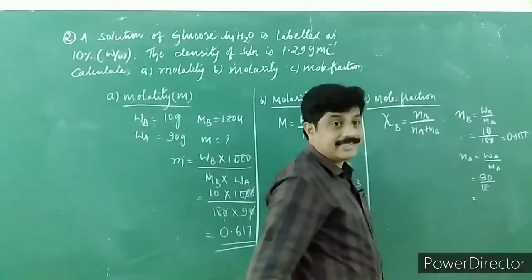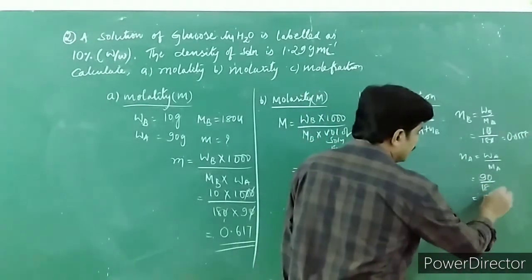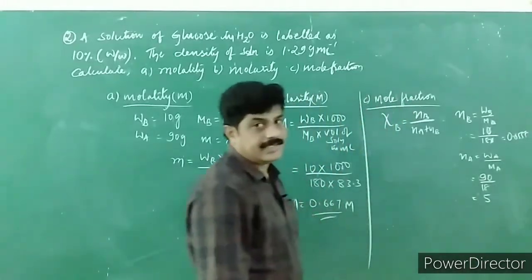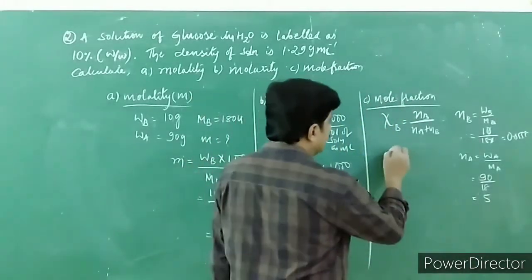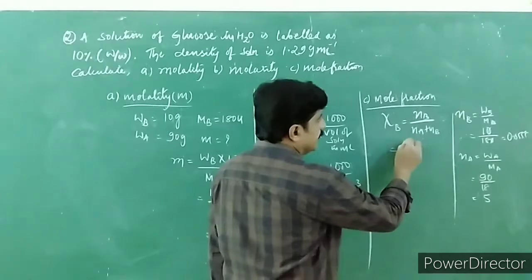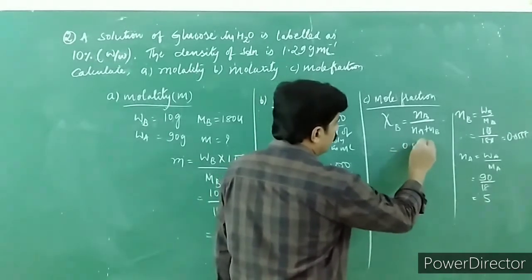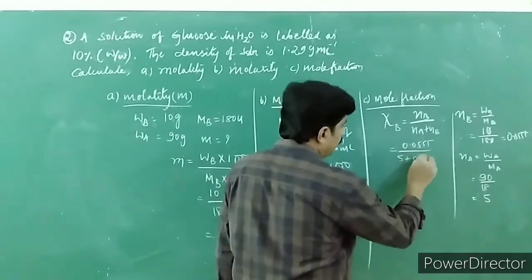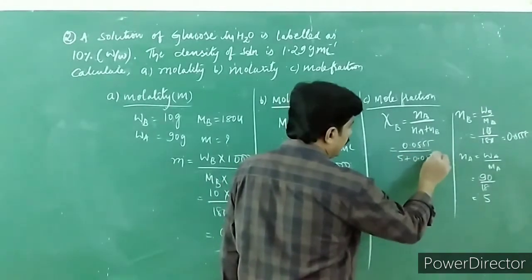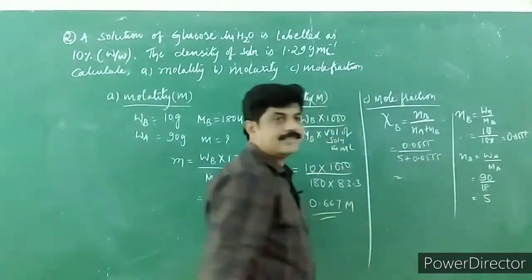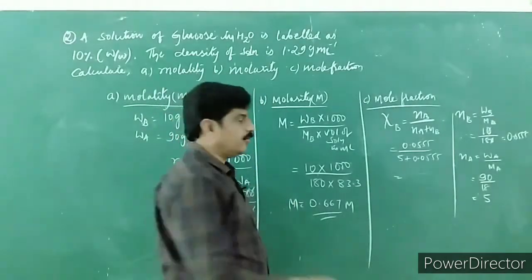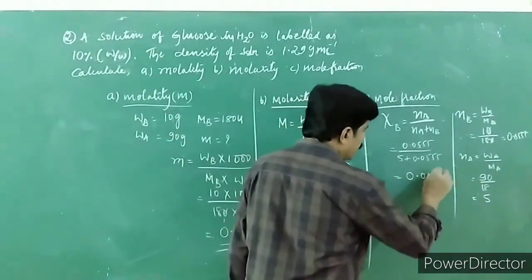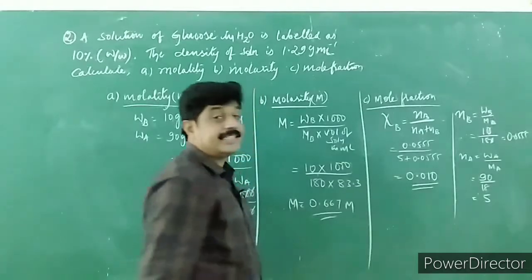We simplify that, 18 5s are 90. Now I substitute the values here. Nb is 0.0555 upon 5 plus 0.0555. Children, if you simplify, you are going to get 0.010. This is Xb.